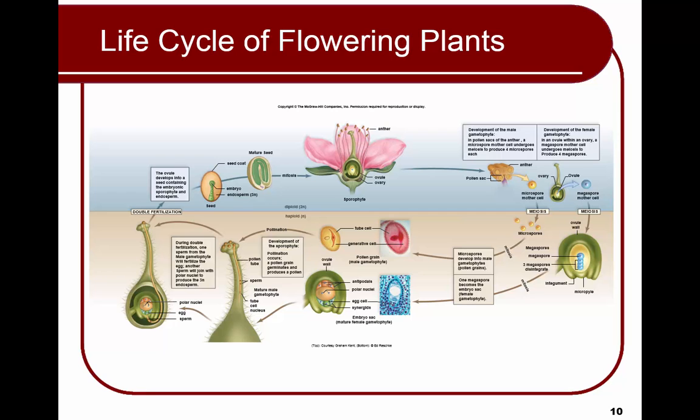And you've also got, in the ovule, the megaspores that will develop into the ovule that you see down at the bottom, down here where you have the gametophytes. When the pollen lands on the stigma, it grows a pollen tube down, and that fertilizes the ovule. And it's a double fertilization that we'll talk about in just a minute.